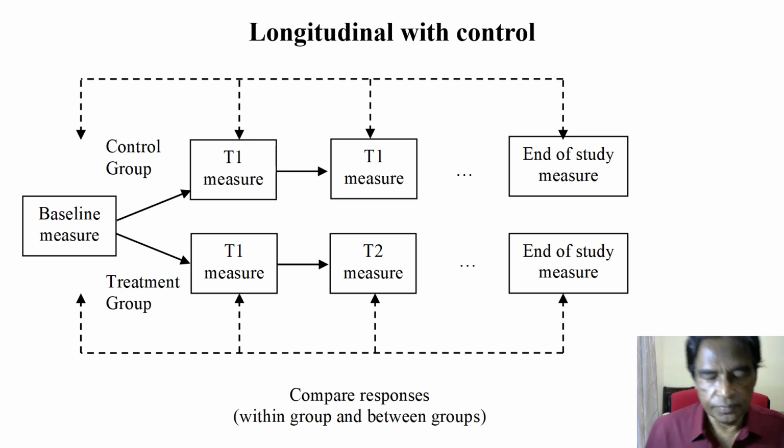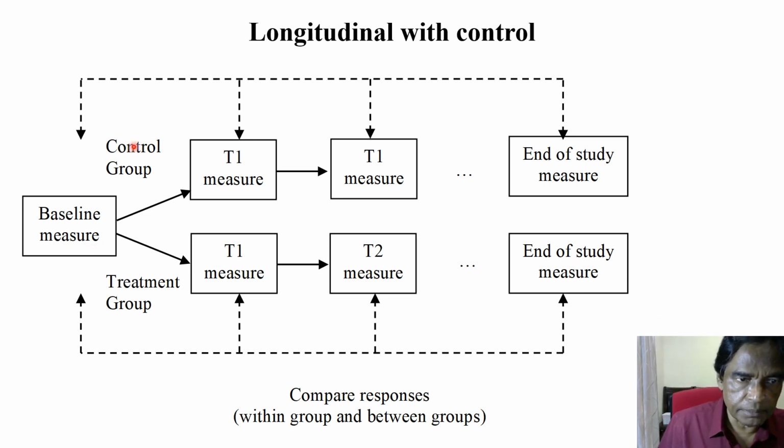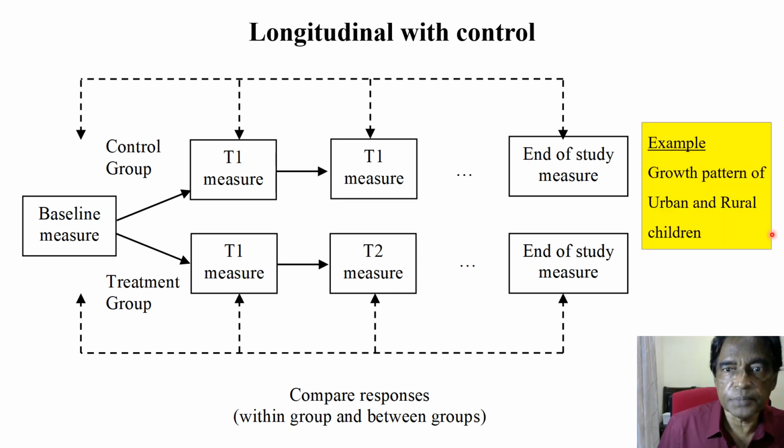Longitudinal with control. Just now we had only one arm, just one arm only. So now you may compare 2 groups. Example, urban, rural kids. Right? The growth pattern, same thing, among urban and rural kids. So you follow the time.